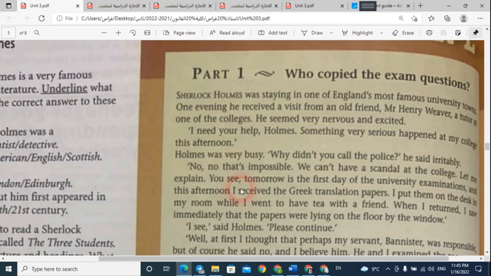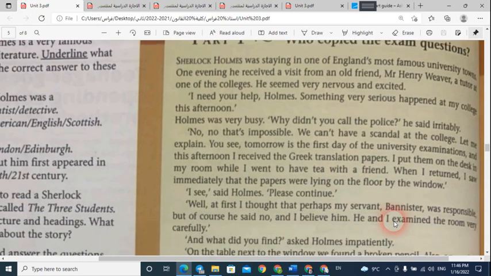Let me explain. You see, tomorrow is the first day of the university examinations, and this afternoon I received the Greek translation papers. I put them on the desk in my room while I went to have a tea with a friend. When I returned, I saw immediately that the papers were lying on the floor by the window."